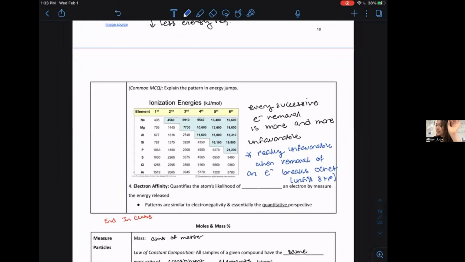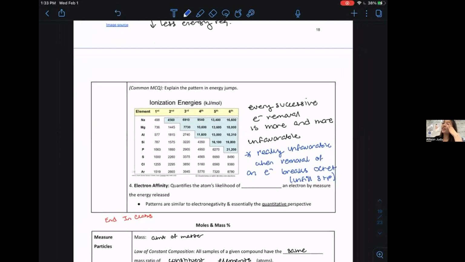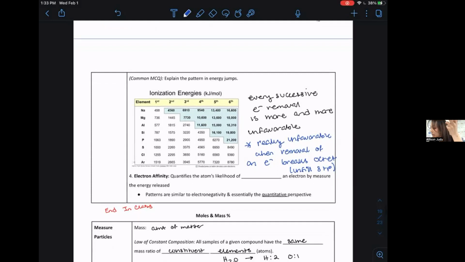There's a fourth one called electron affinity. I honestly don't know why the AP includes it, but it's in the manual that you have to know. They never ask you about it. This is a characteristic that quantifies the atom's likelihood of attracting an electron by measuring the energy released.